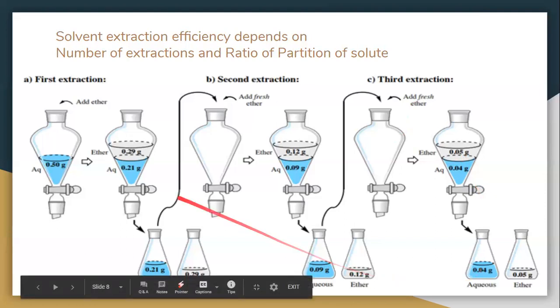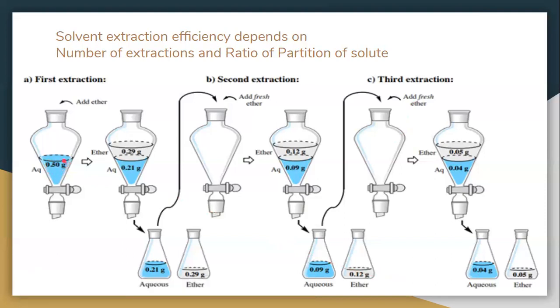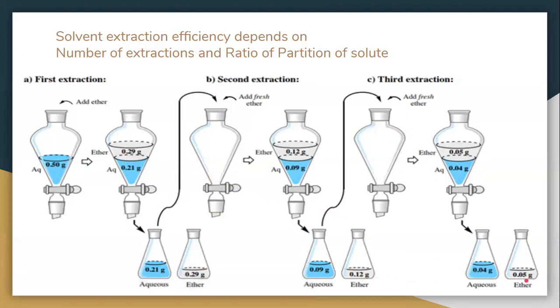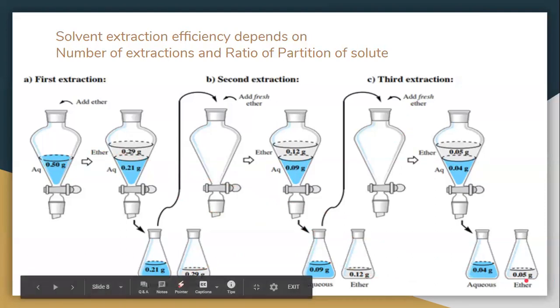So from 0.5 grams, how much solute is transferred into the ether? Here 0.29, 0.12, so that means 0.41, and 0.05. So almost 0.46 grams of solute is extracted into the organic layer.